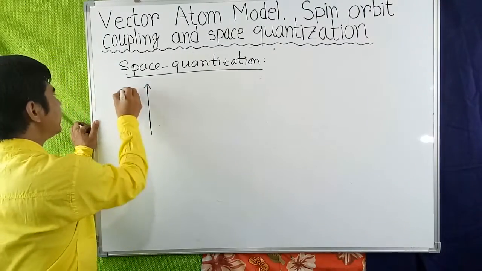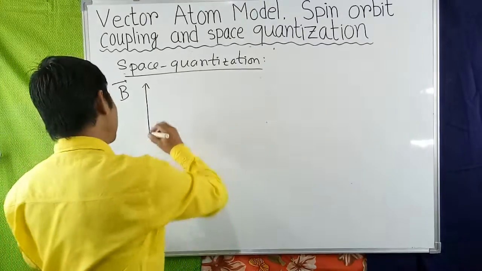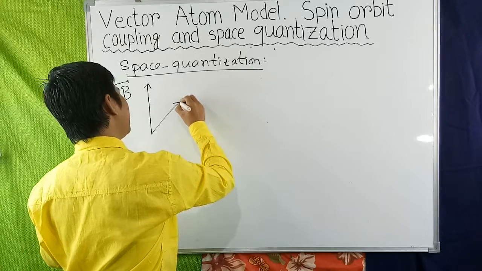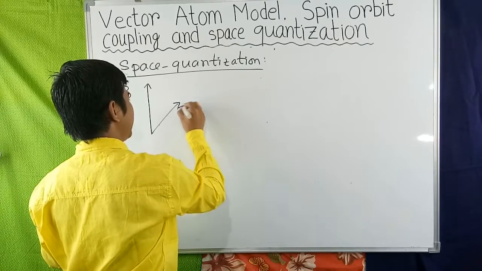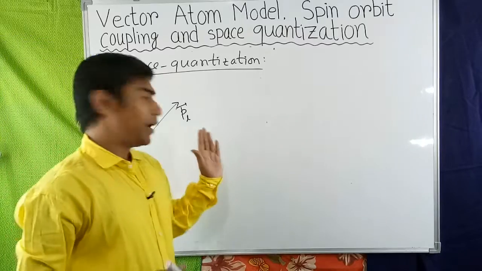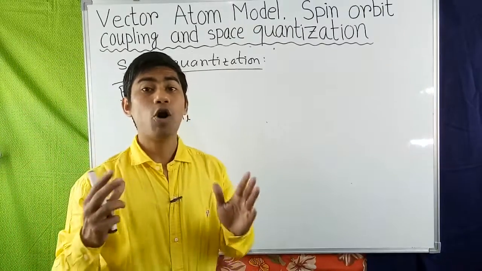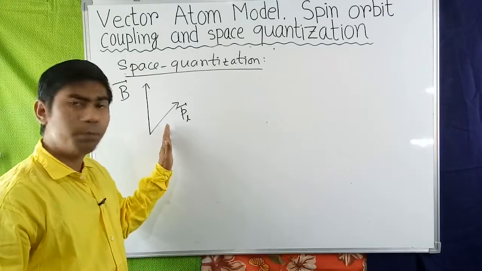So this is the B vector. Now suppose this is the PL vector. We know that the mu L vector has the same magnitude but opposite direction to that of the PL vector.